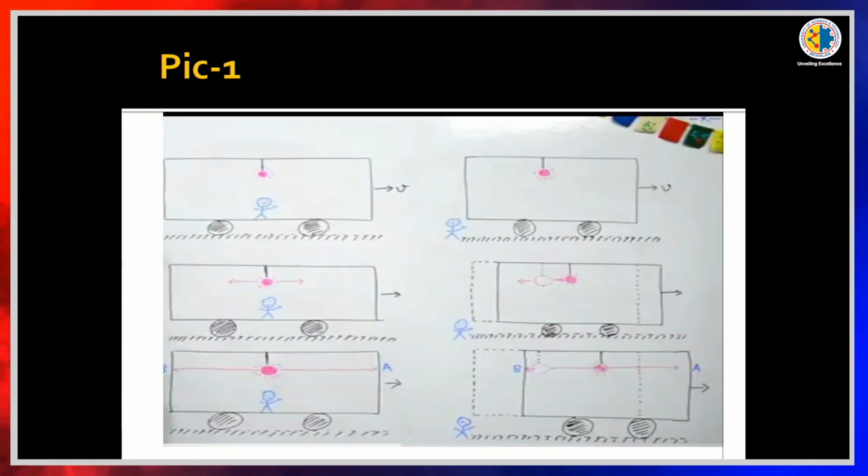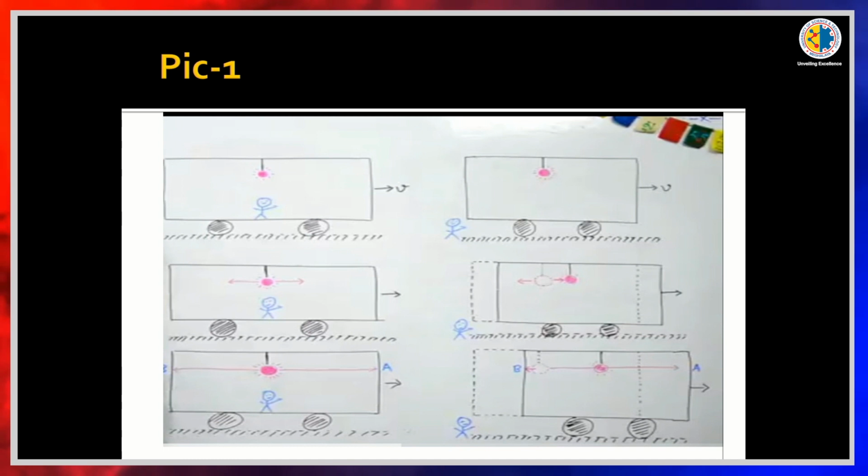See this picture. The first picture shows the observer inside the train, and the second picture shows the observer outside the train. Inside the train there is a light bulb, and when the bulb is switched on, light travels in both directions, backward and forward.